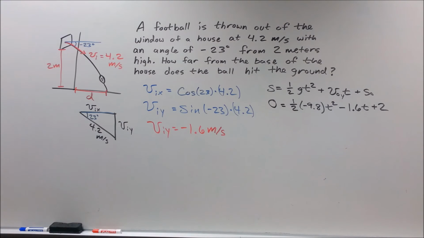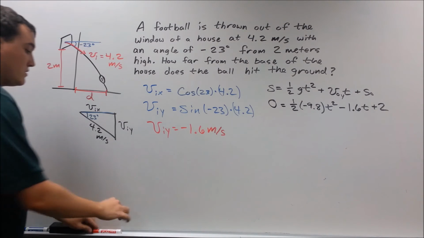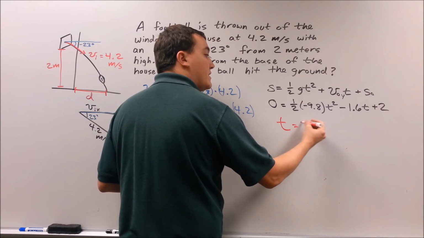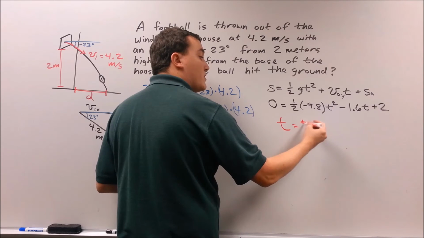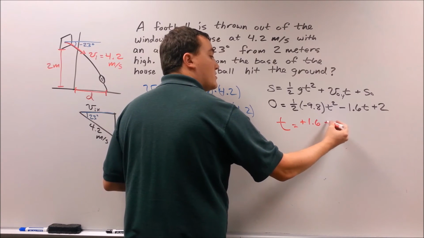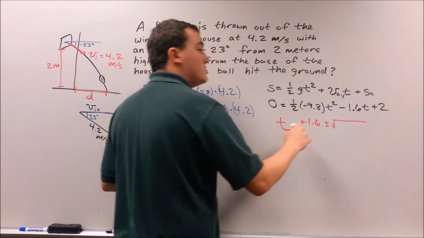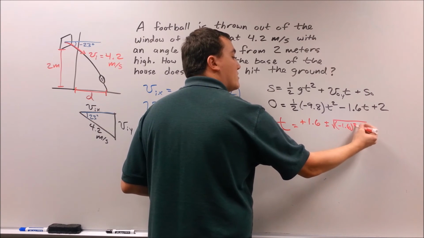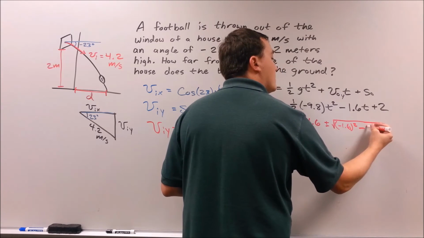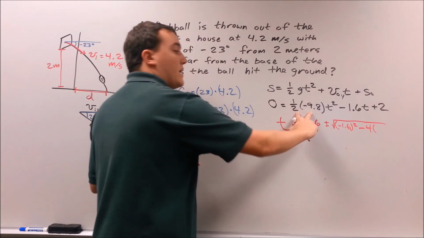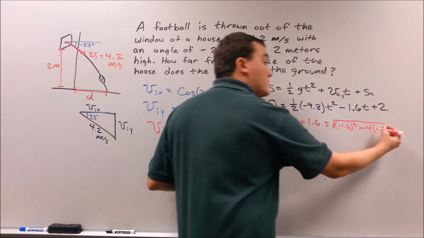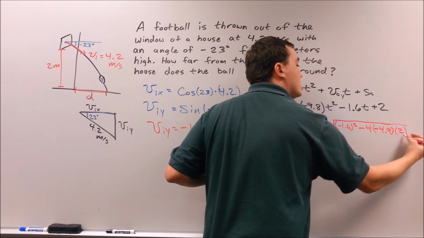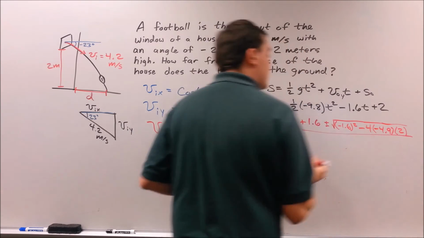So from here we can use the quadratic formula. We're going to know t equals negative b, so negative 1.6 is plus 1.6, plus or minus the square root of b squared, so negative 1.6 squared minus 4 times 1/2 of 9.8 is negative 4.9 times 2, all divided by 2a.